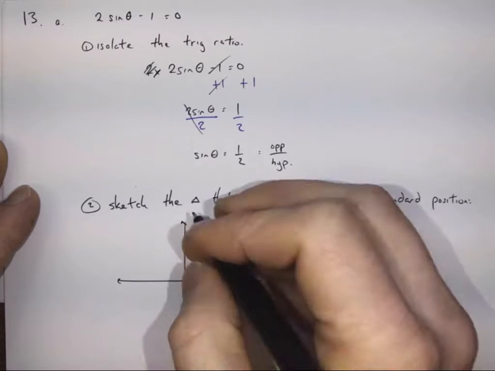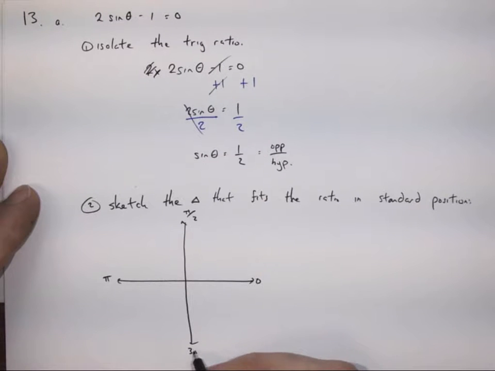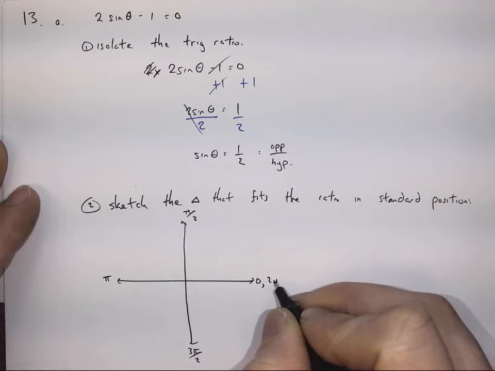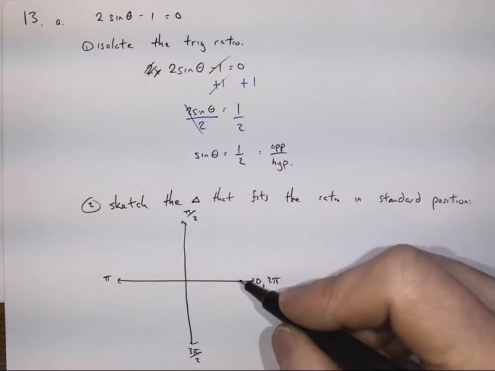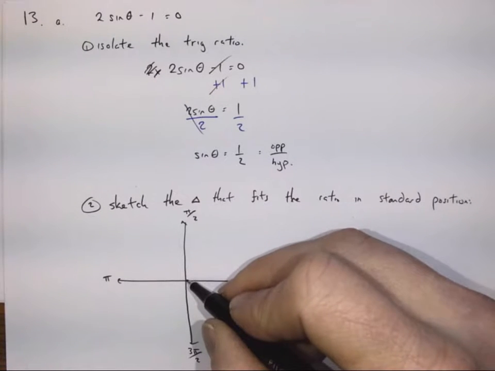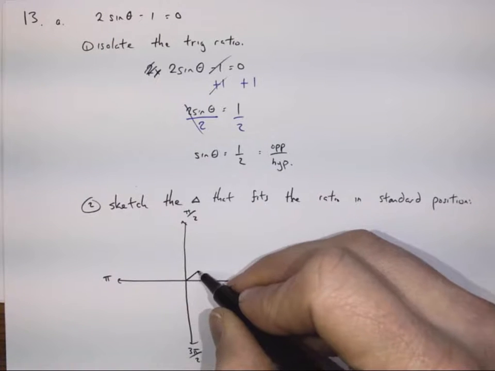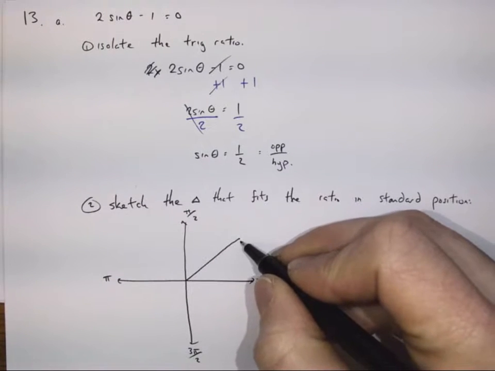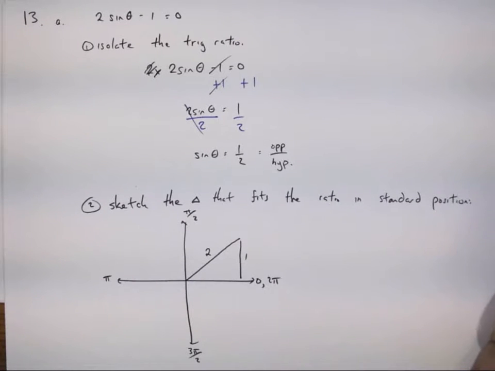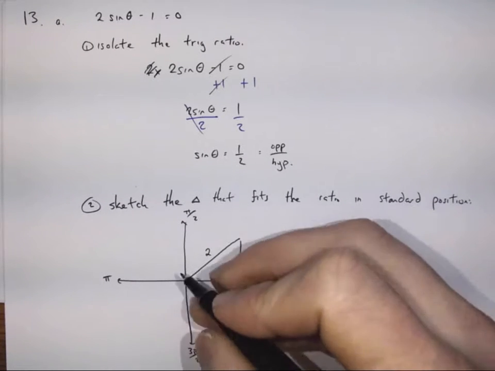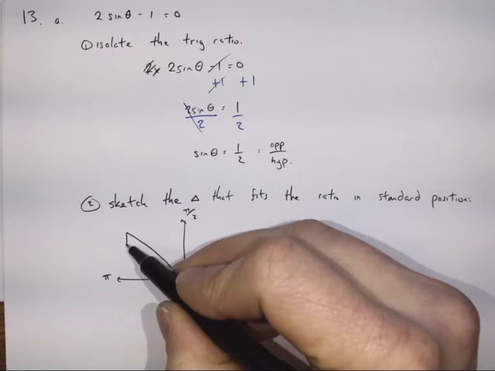And we know this is 0 radians and pi over 2 radians, pi, 3 pi over 2 radians, and 2 pi. Okay, so we know we're going to have an opposite value of 1, and a hypotenuse of 2. So I can draw a triangle in this quadrant that has an opposite value of 1 and hypotenuse of 2. I can also sketch the similar one in this quadrant.